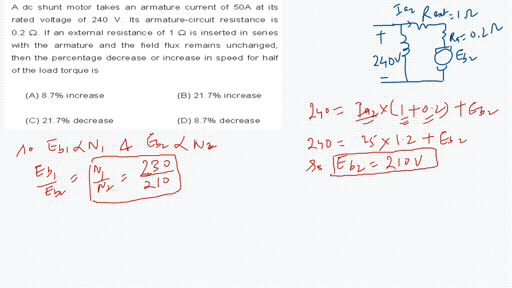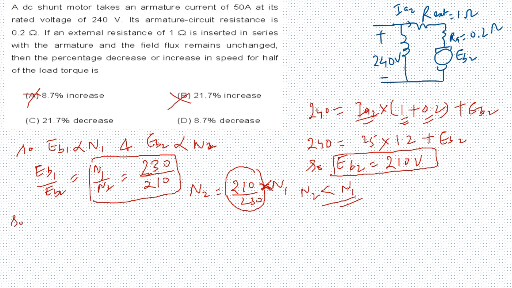Now if you calculate N2 in terms of N1, you will see that N2 is 210 over 230 into N1. This fraction is less than 1, hence N2 is less than N1. So we can say that the increase options, option A and B, can be discarded directly. Now we are left with only options C and D.